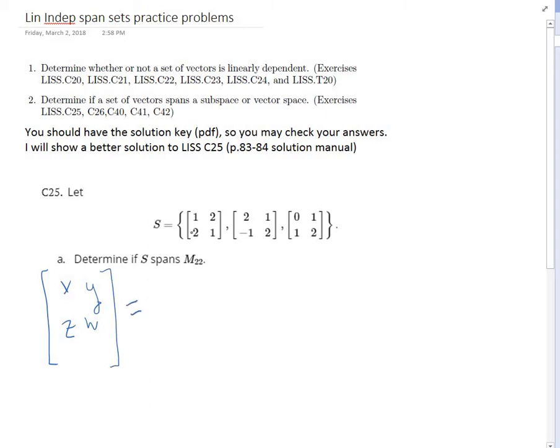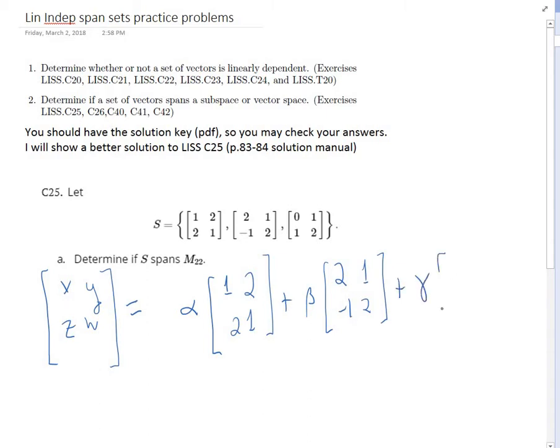Now I'm going to write that as a linear combination of these 3. I'll use alpha, beta, gamma. Sorry if you don't like Greek letters. Alpha times [1, 2, 2, 1], plus beta times [2, 1, -1, 2], plus gamma times [0, 1, 1, 2].